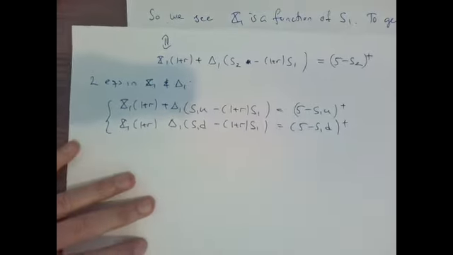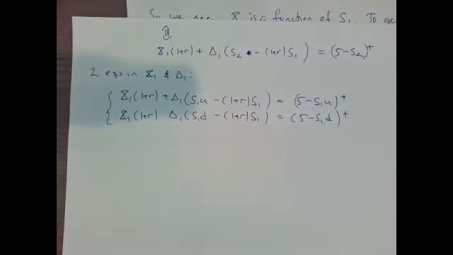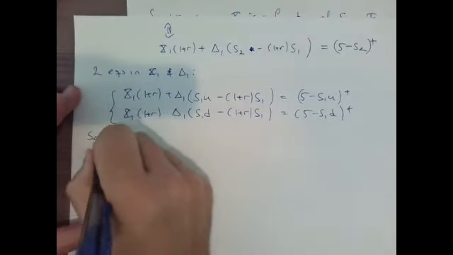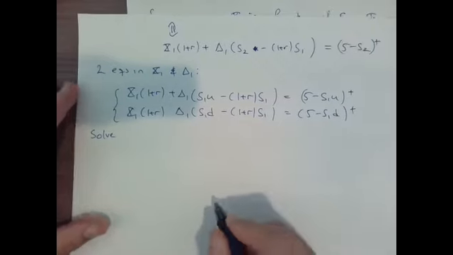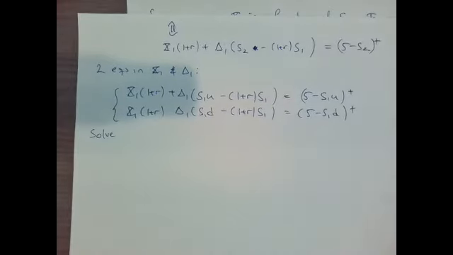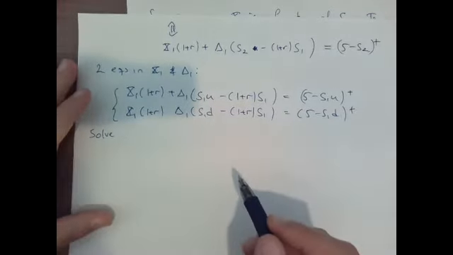So we have that mess. These are two equations in x1 and delta 1. We have to solve, because we have two equations and two unknowns. They are very similar to the ones that we had when we were doing the one period model. We solve for delta 1 and x1.